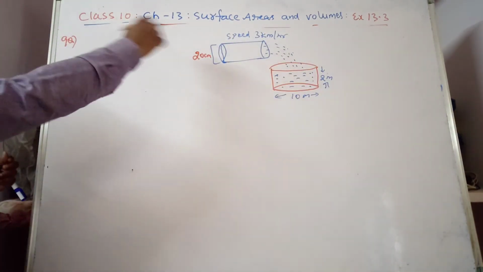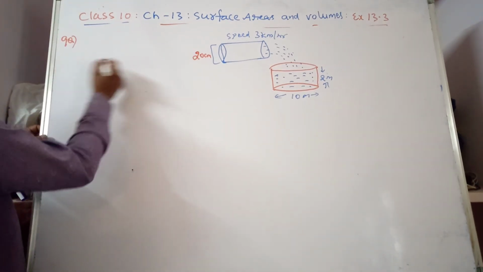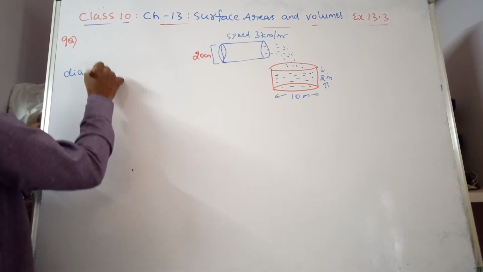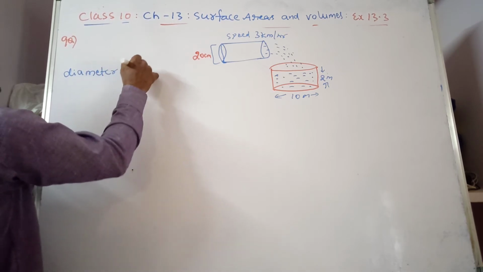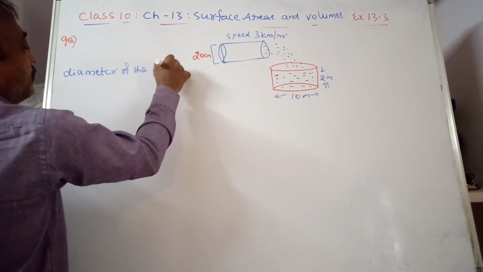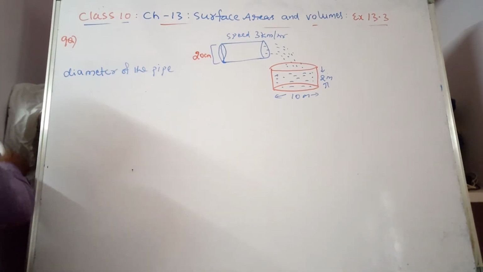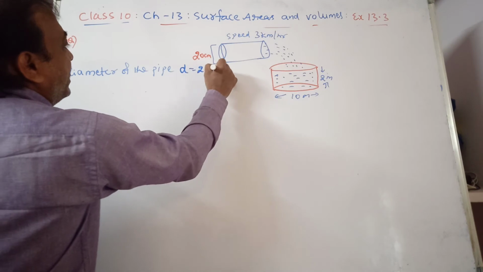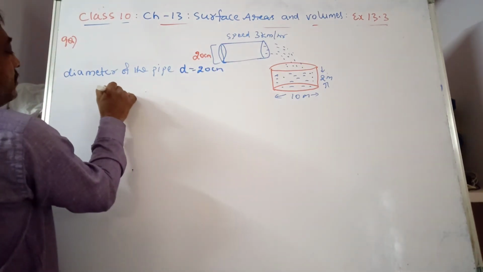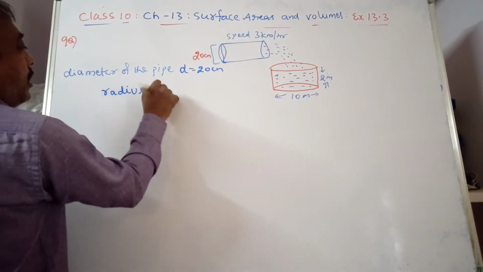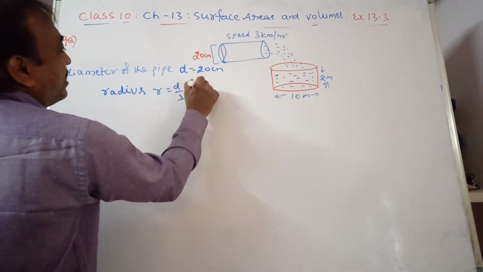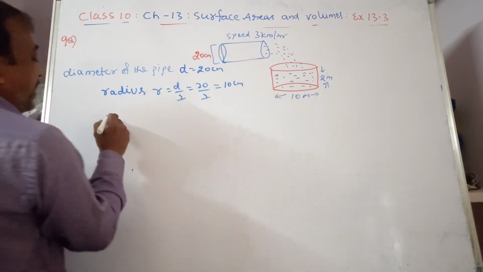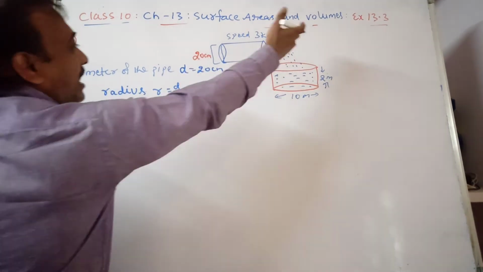So first, the radius of the pipe. Diameter of the pipe D is equals to 20 centimeter. Radius R is equals to D by 2, which is 20 by 2 is equals to 10 centimeter. But R we have in centimeter and here all in meter.